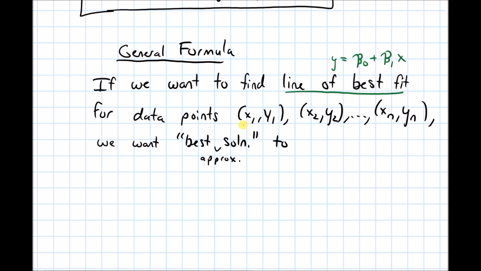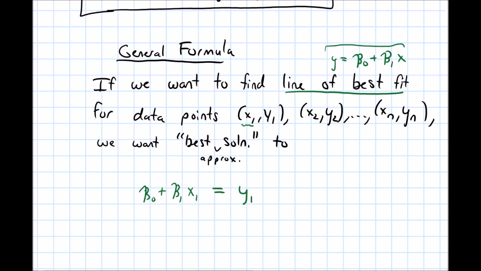If I take this first x coordinate, x1, and plug it into the equation of my line, we would get beta naught plus beta 1 times x1. Ideally, we'd like that to be equal to y1. It may not be equal to y1, but ideally we'd like this.